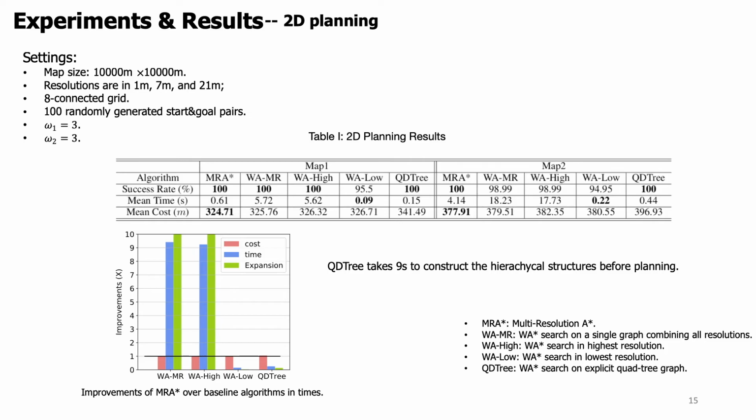However, weighted A star in low resolution is not complete and thus failed a lot. Quad tree search is implemented on an explicit graph, which is precomputed and saved the time of constructing new states during planning, but the precomputation cost is around 9 seconds on these large maps.